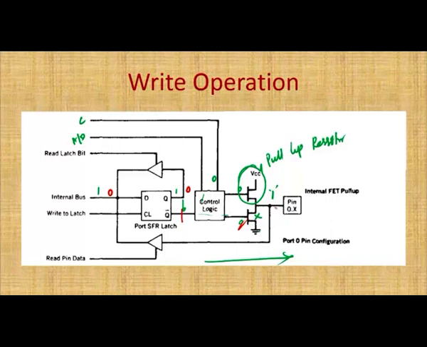Once the transistor is on, whatever the available value is goes to the ground. So because of this, now the value is 0 here. So this is a write operation from the bus to the pin. You want to send the signal externally, either the value 0 or 1, and it will simply pass as a signal 0 or 1 with the help of the control signal.